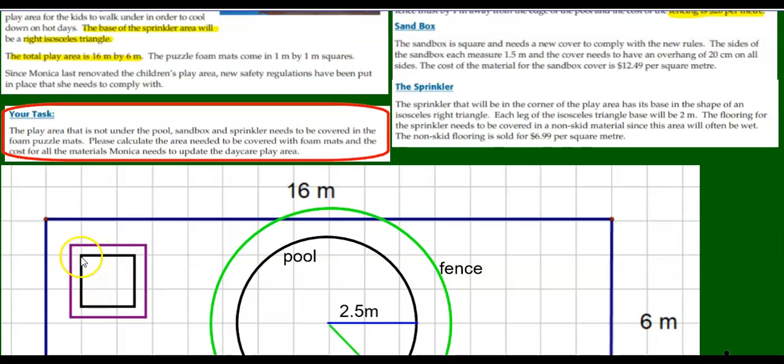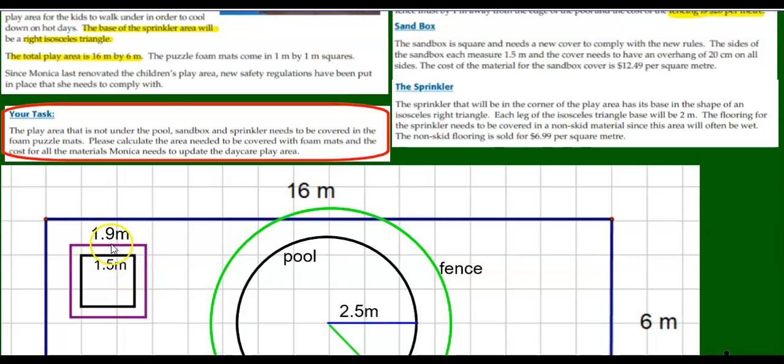So let's put in the measurements here of the sandbox and the measurements of the cover. So the sandbox is 1.5 meters all around. So the area of the sandbox would be 1.5 times 1.5. And the area of the cover, well, it's 20 centimeters on each side. That's 0.2 meters. So it's going to be 0.2 plus 1.5 plus 0.2.